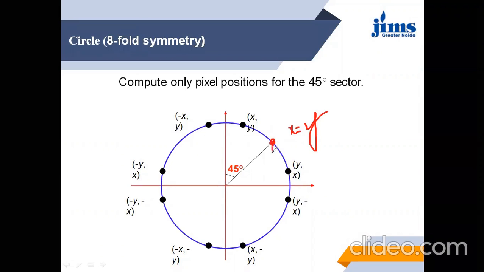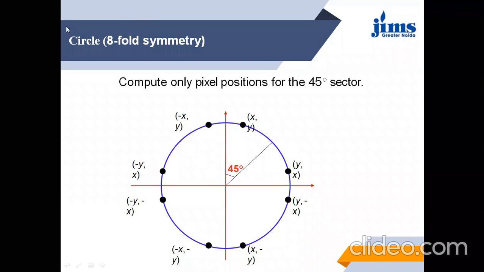This value as well as this value will be equal. So the values of x and y become equal. So this was about the octant, how we can find the values of a circle.